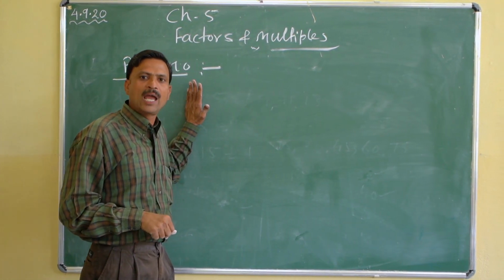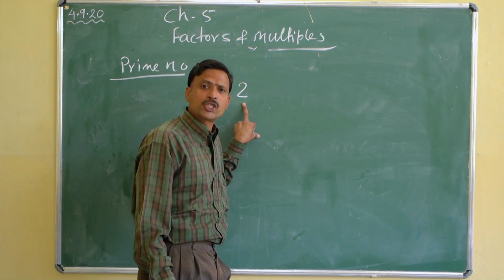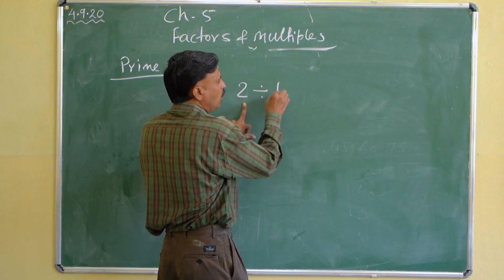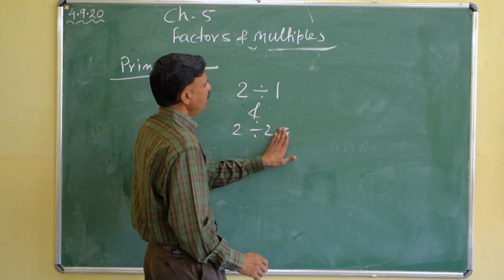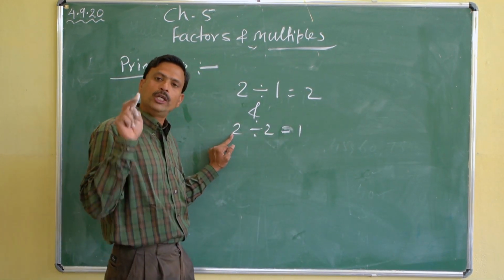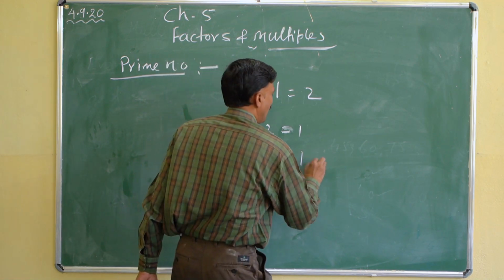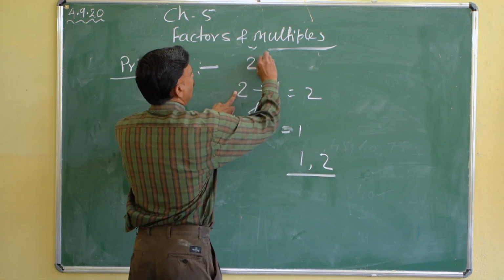For example, 2. 2 is divisible by 1 and by 2 itself. So 2 has only two factors, 1 and itself. That's why 2 is a prime number.